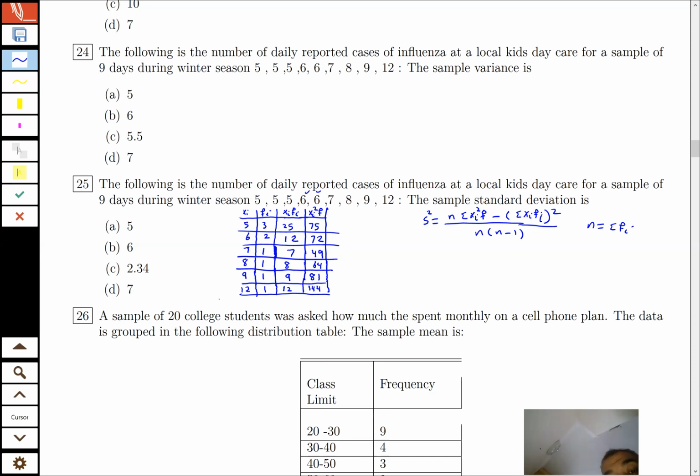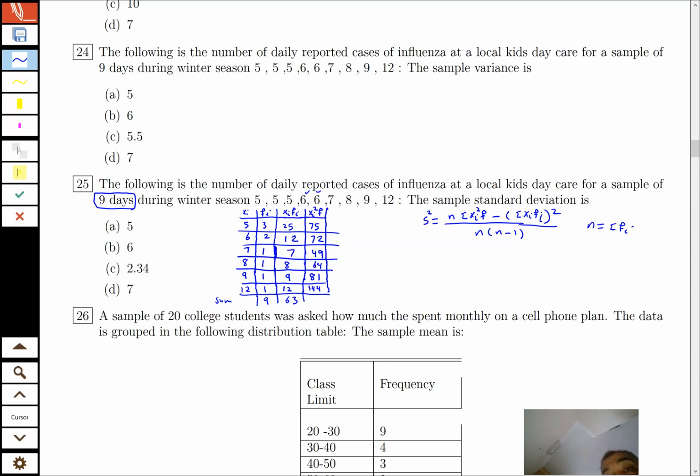Now we need the sum. We need the sum of the frequency because it will give me n, and the sum of the frequency is 9. You might see it even in the statement here, it says 9 days. We need also the sum of xi times the frequency, which is 63.